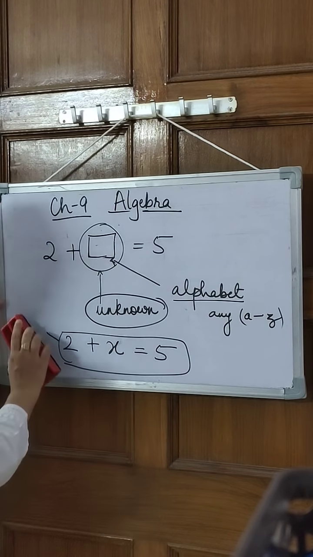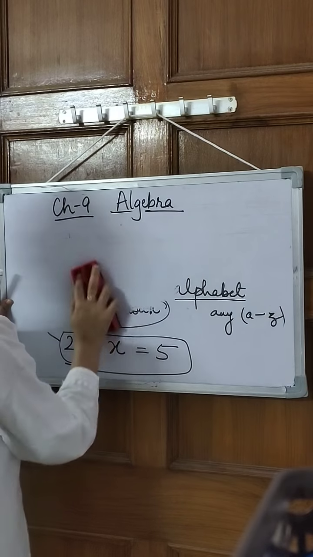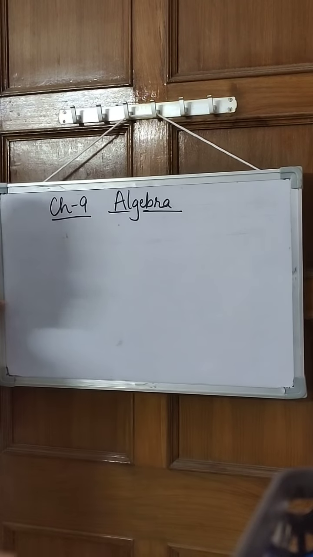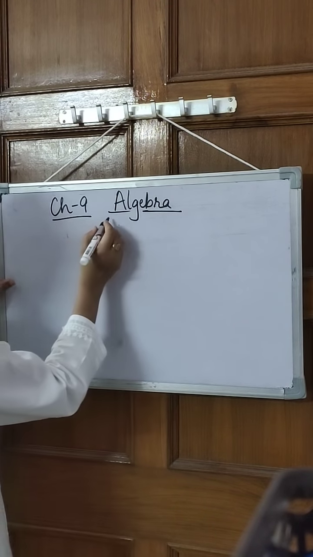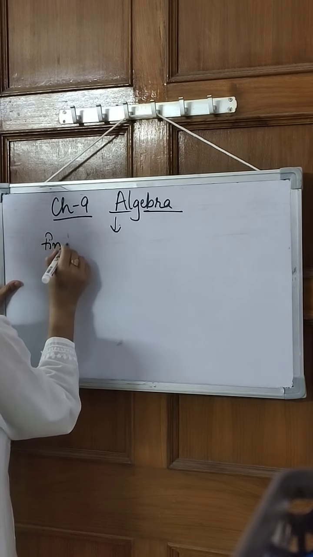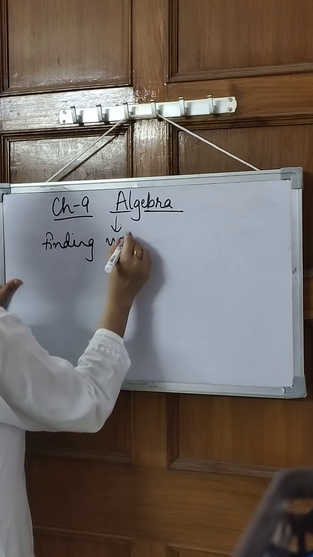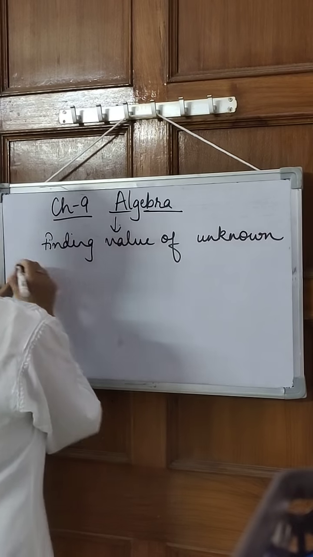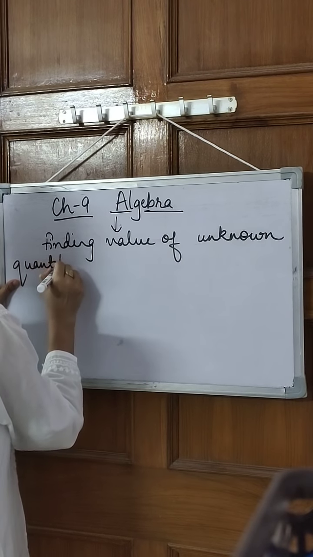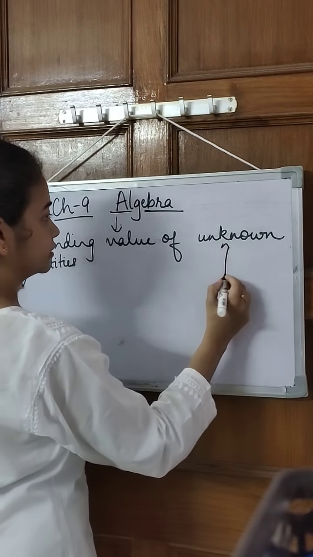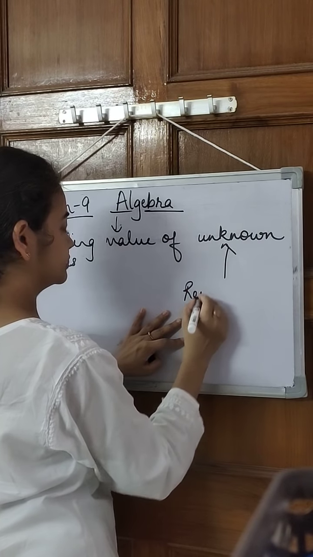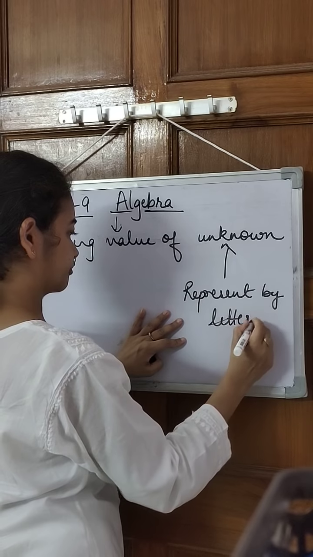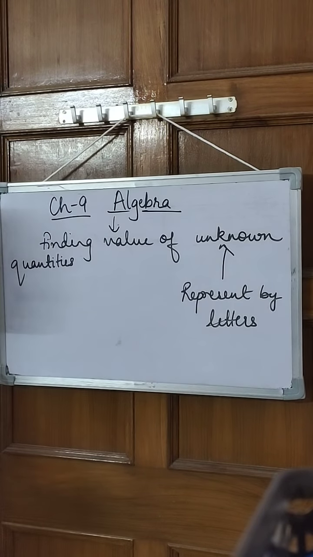Now let's take one more example. Actually what we do in algebra is find the value of the unknown. So algebra is all about finding the value of unknown quantities, and these unknown quantities we represent by letters.